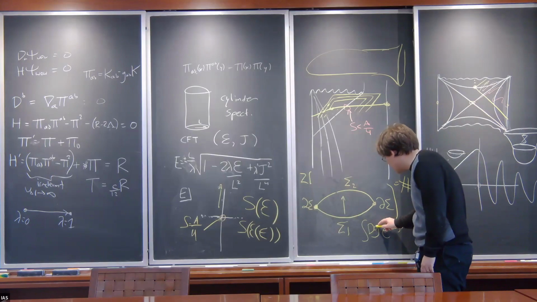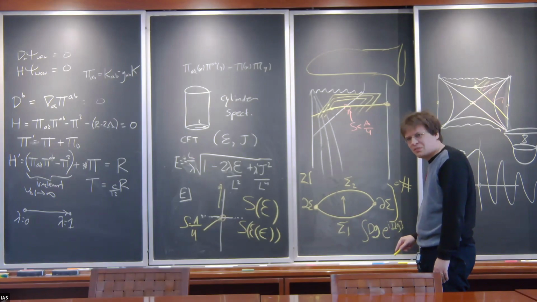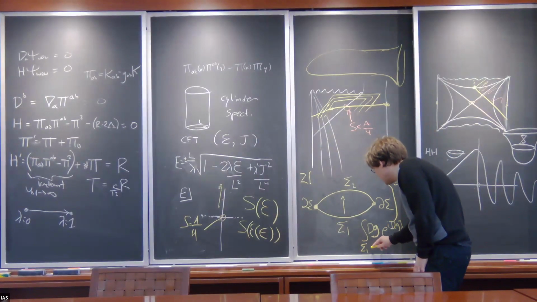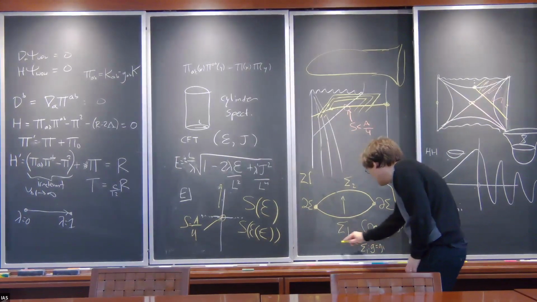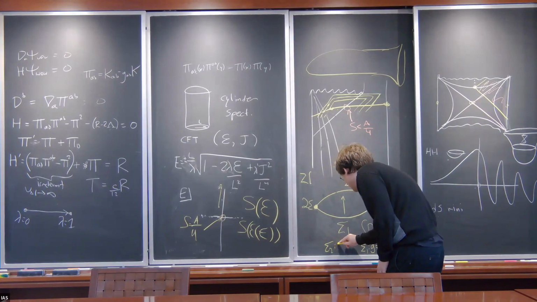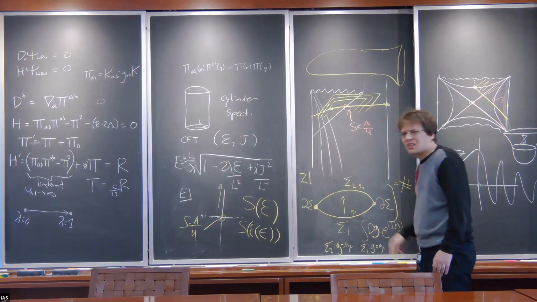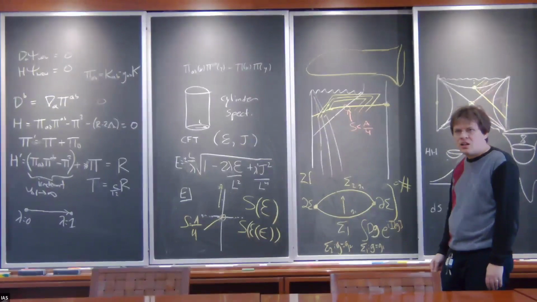So this is a D+1 metric, and we need to specify boundary conditions. What we say is that on sigma 1, this G equals G1, and on sigma 2, this G equals G2, where G1 and G2 are the metrics on these Cauchy slices.